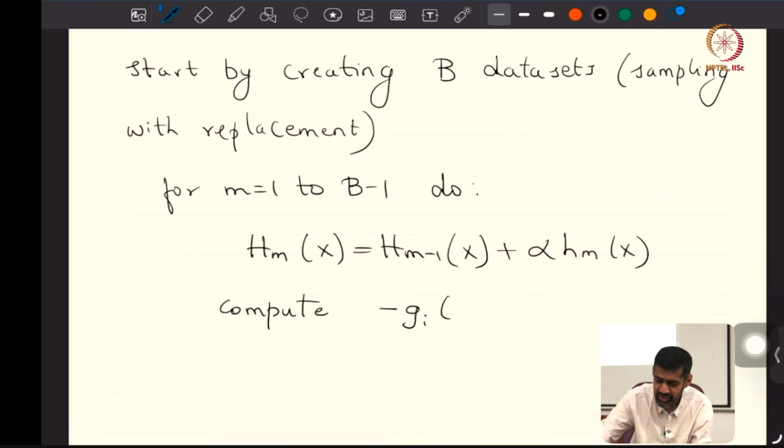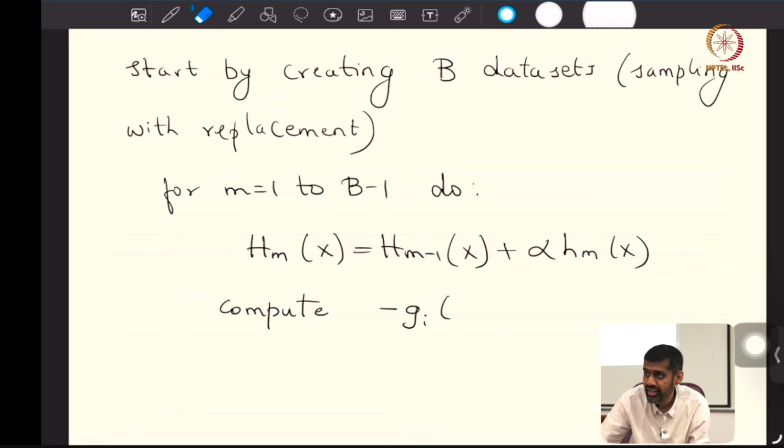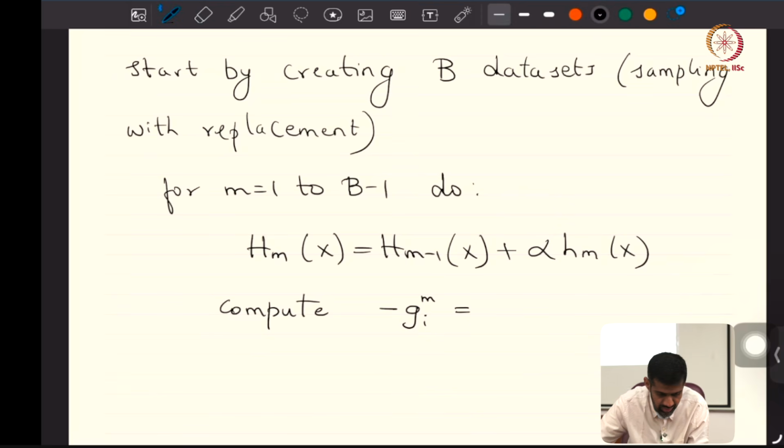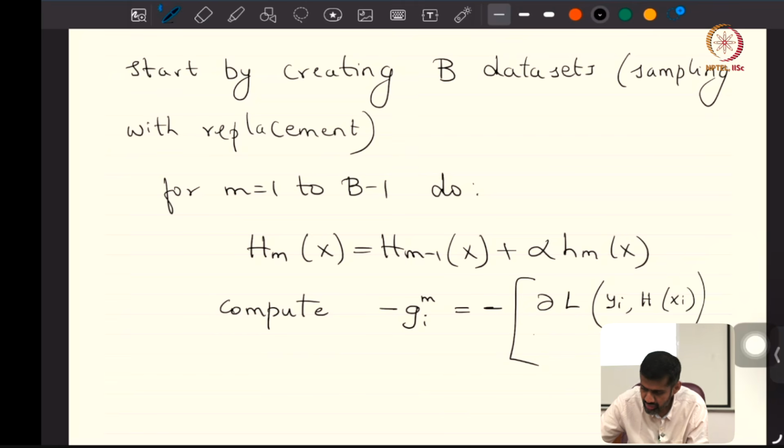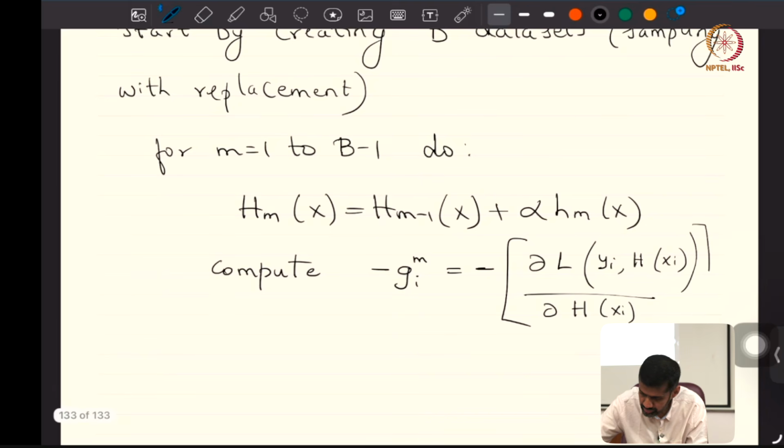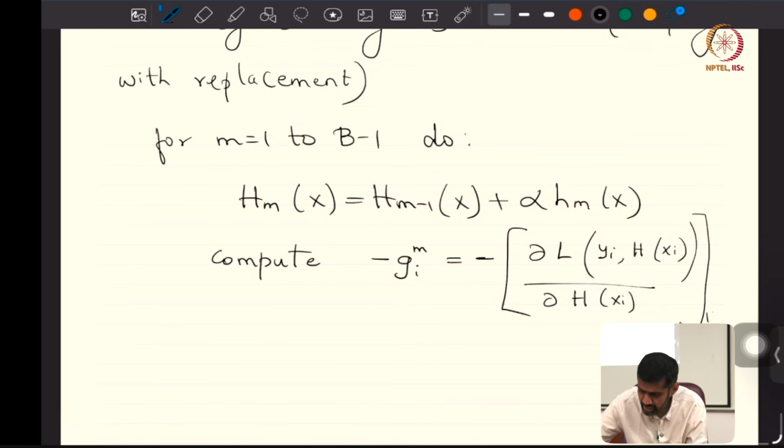So we will have to find this gradient for the mth iteration for the ith sample as the negative of the derivative of the loss with respect to h of xi, evaluated at hm minus 1.